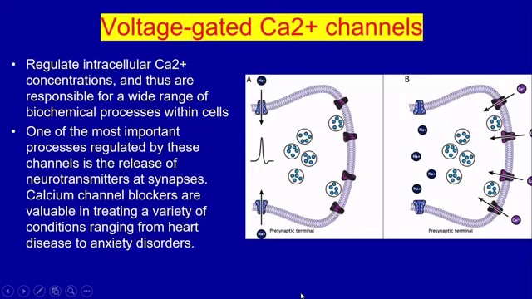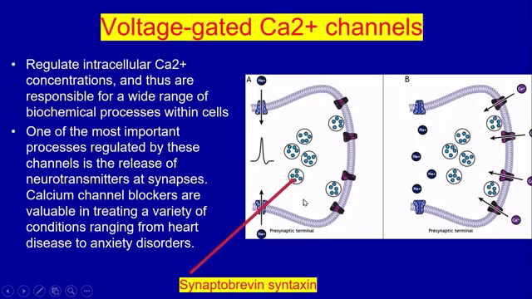We know that these channels are present in the terminal presynaptic neuronal membrane, and when the action potential arises at this site, these channels open and allow calcium influx inside the neuron. When the calcium influx occurs, it acts on vesicles which contain the synaptobrevin receptor on their surface and the syntaxin receptor on the presynaptic membrane.